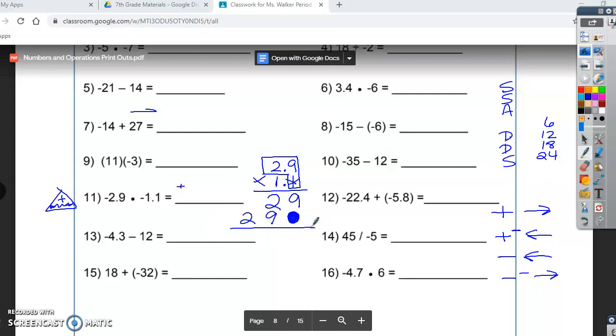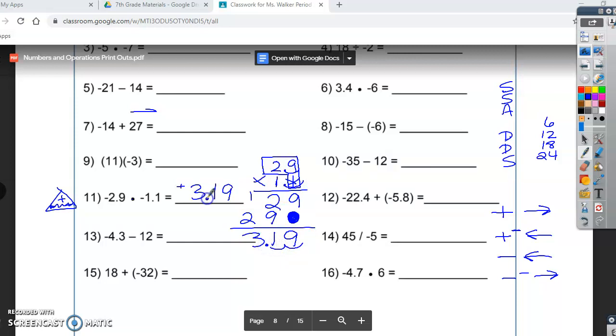Okay? So what do we get here? 9, 11, carry that 1, 3, and I'm going to move that decimal, 1, 2. Notice I did not bring it down, 1, 2.